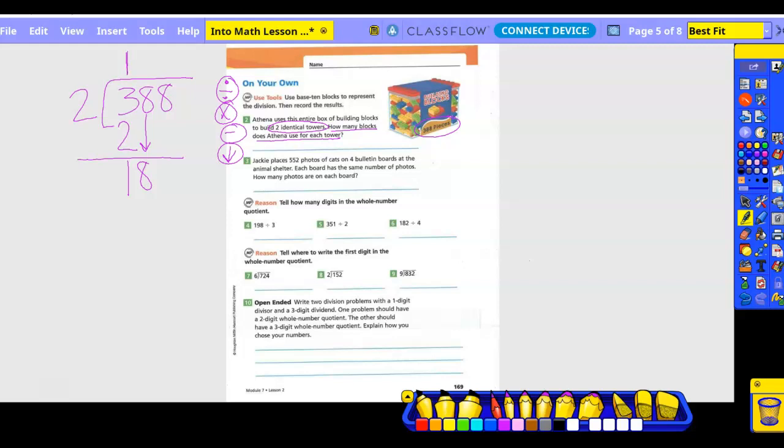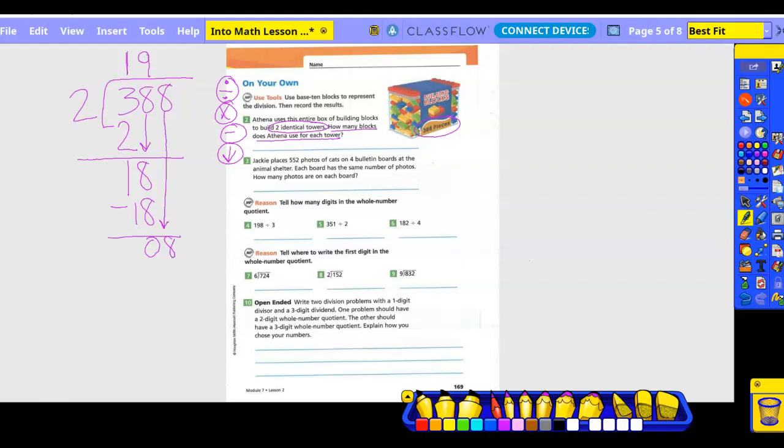Okay? So now I'm taking 2 into 18 tens. So 2 goes into 18 how many times without going over? 9, right? So 9 times 2 is 18. Subtract, 0. So I just subtracted. Now what do I do? Bring down my 8.